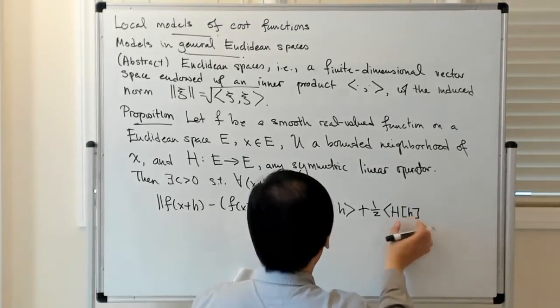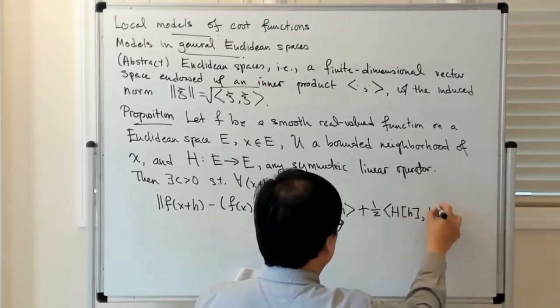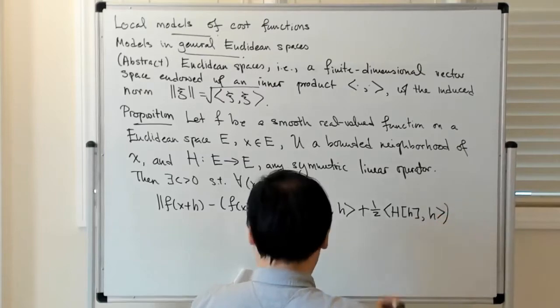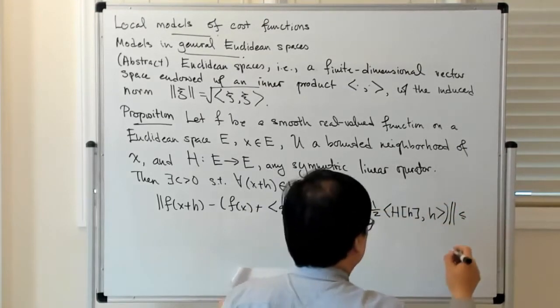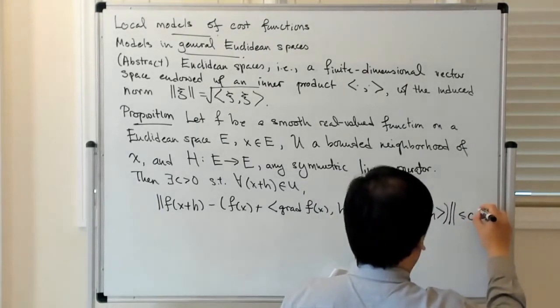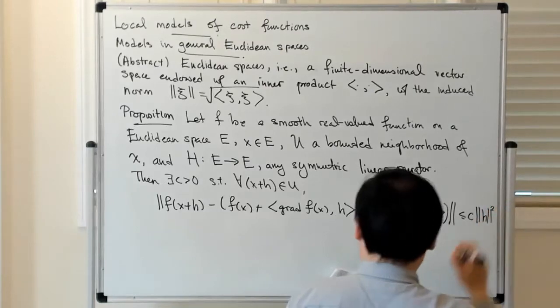So this gives me another element of the Euclidean space, and I can pair that with h. And then the error is, again, bounded from above by some constant c times the norm of h squared.